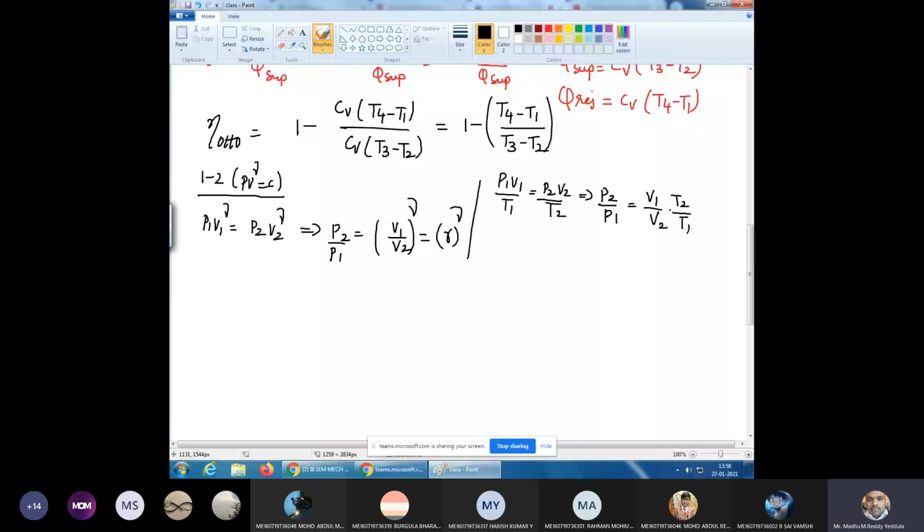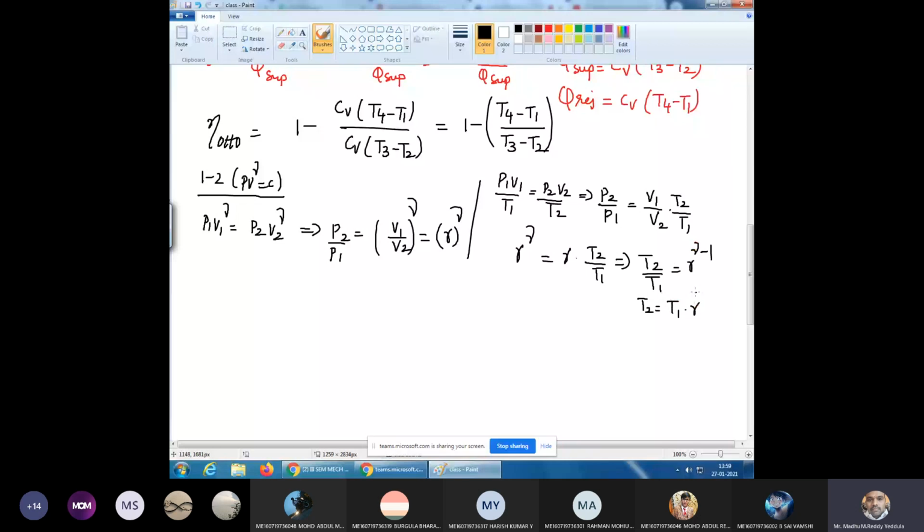P2 by P1 is replaced by r power gamma, and V1 by V2 is r, so r power gamma is equal to r into T2 by T1. Therefore, T2 by T1 is equal to r power gamma minus 1, so T2 is equal to T1 into r power gamma minus 1.